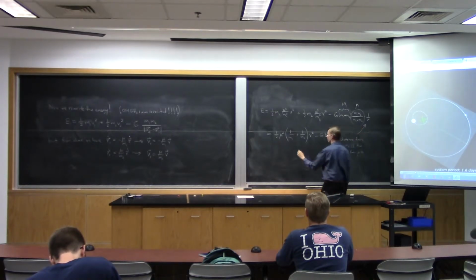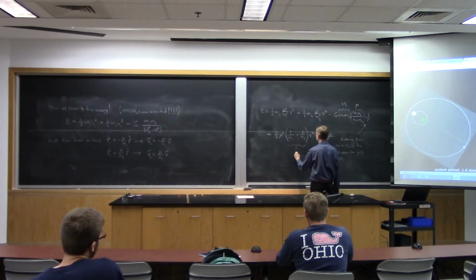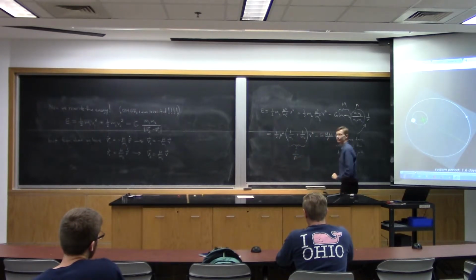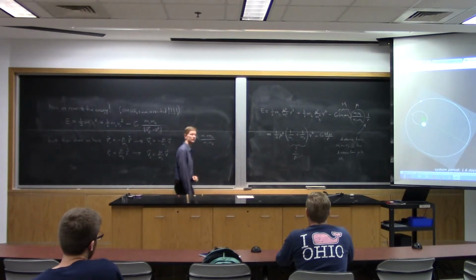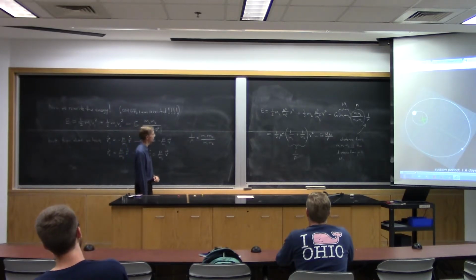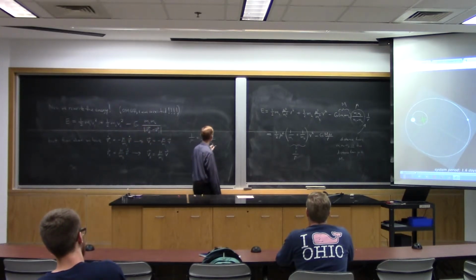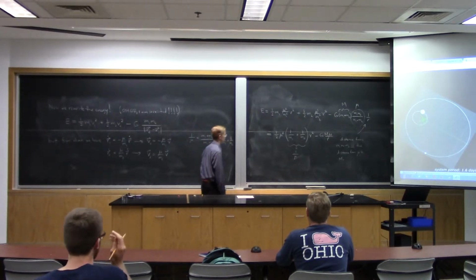And the other thing to realize is that 1 over M1 plus 1 over M2 is in fact 1 divided by mu. That is 1 over mu, because mu is M1 M2 over M1 plus M2, so 1 over mu is M1 plus M2 over M1 M2, but that's 1 over M1 plus 1 over M2.